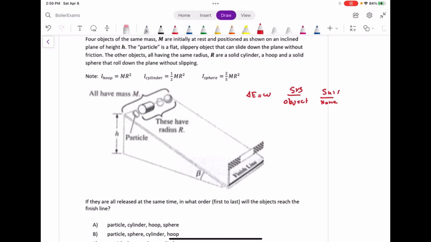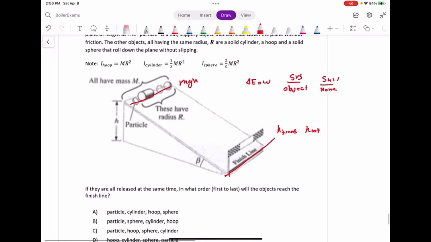At the top, what type of energy do we have? All the energy for all of these is mgh. And at the bottom, it's going to be some combination of K trans and then K rotational. So you want a really high contribution from K trans.